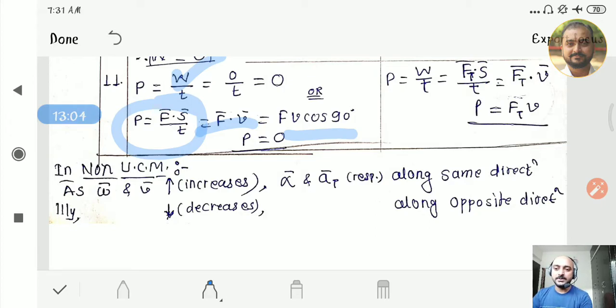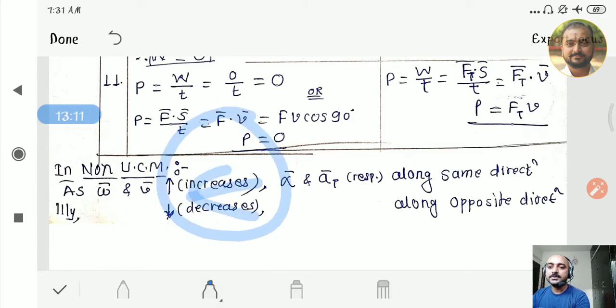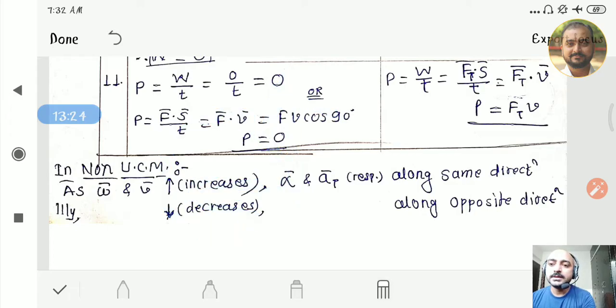Okay, so look friends, here what I am saying, as this is the force and this is the direction of velocity, both are perpendicular to each other, so they have a 90 degree angle, and so cos 90 is equal to 0. So friends, this is what I am saying about the uniform circular motion.